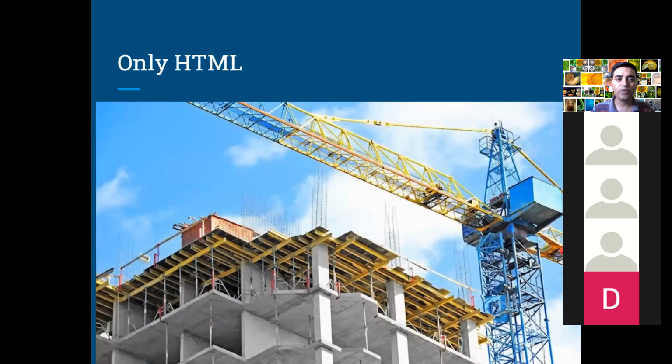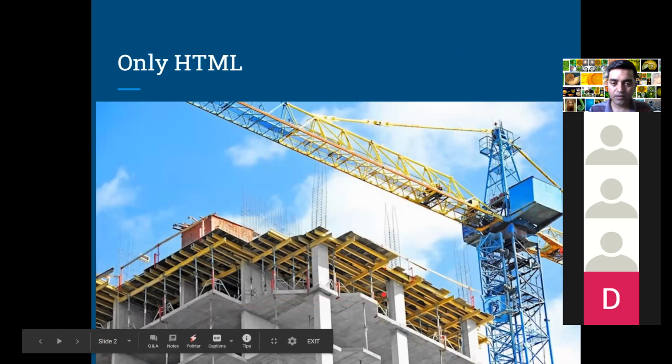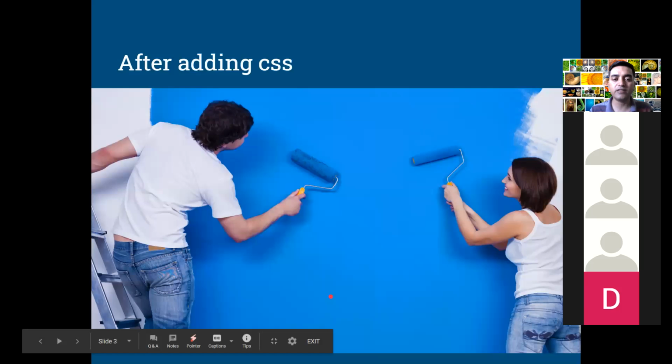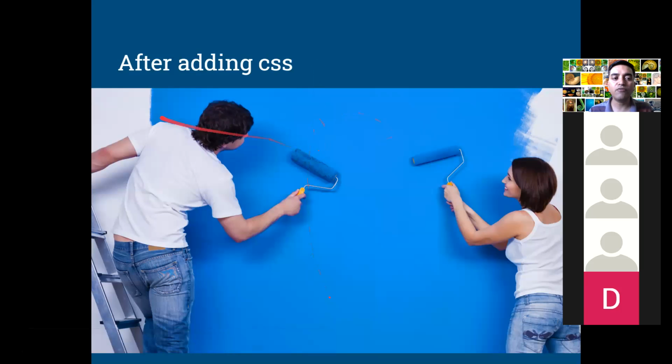CSS. Now we have seen that HTML is a building, but do you want to live in a building like this? No, right? We don't like to stay in a building which is only pillars. We like beautiful buildings, right? So how can those beautiful buildings be made? When we add some finishing to that building, when we add colors to that building, that becomes a home.